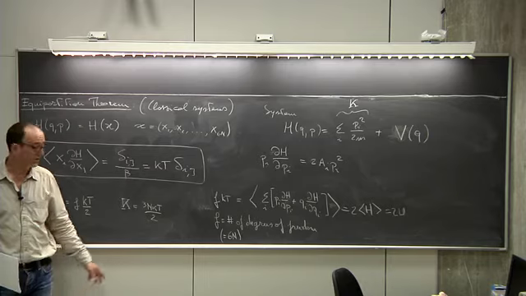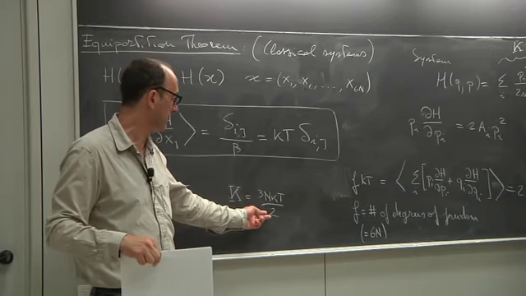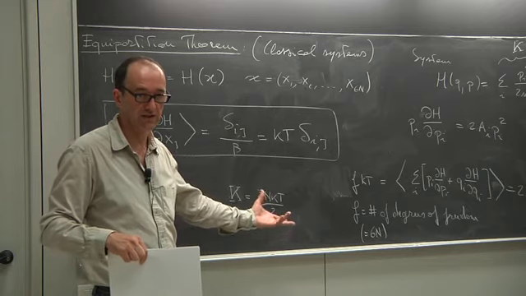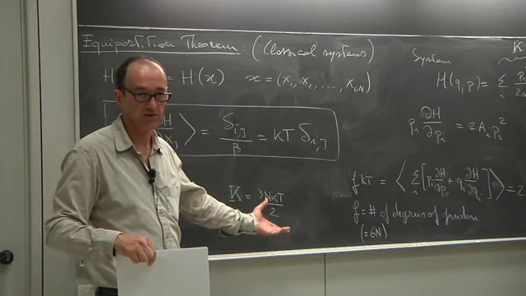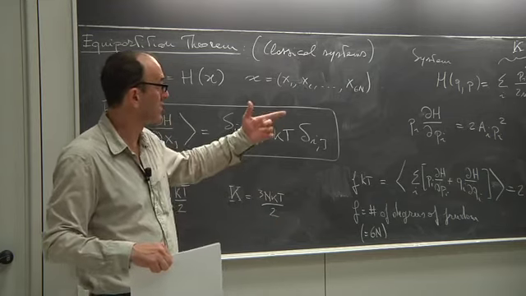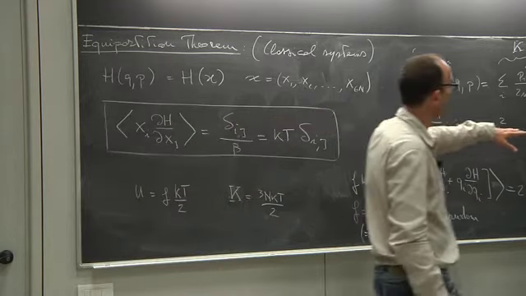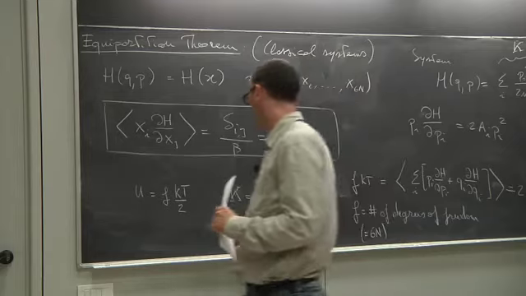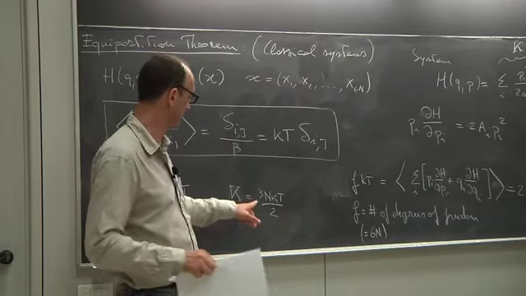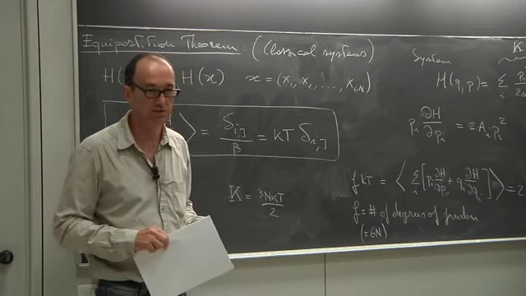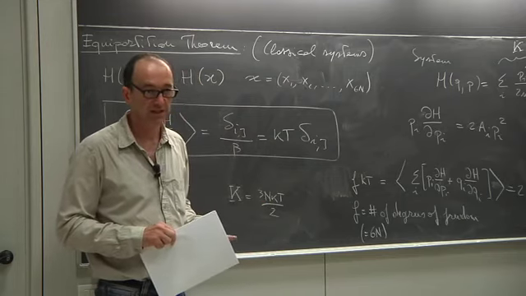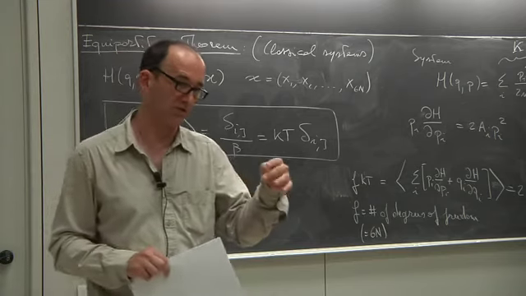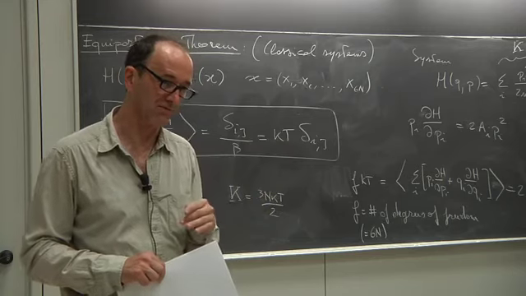Okay. So this tells you in particular that the specific heat will have a contribution which is constant at all temperatures. Maybe there will also be another contribution from the potential, but there will always be a contribution to the specific heat which is 3nk divided by 2, even at very low temperature, even at zero temperature.